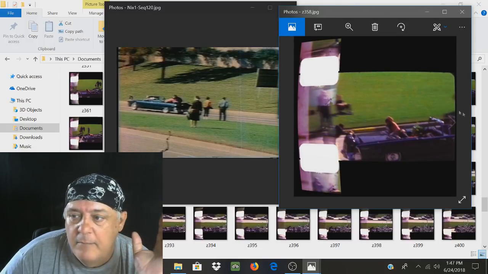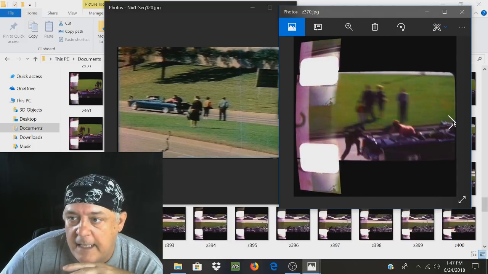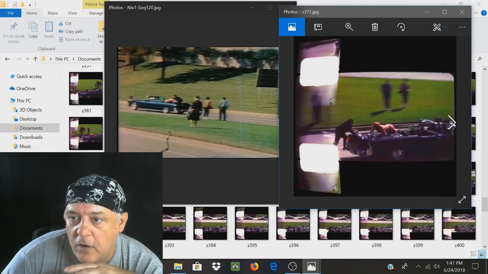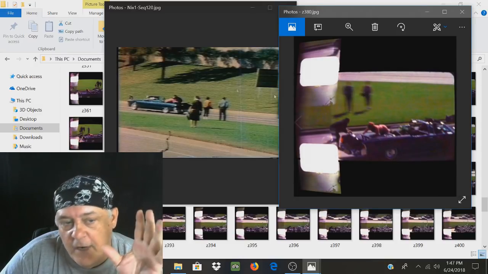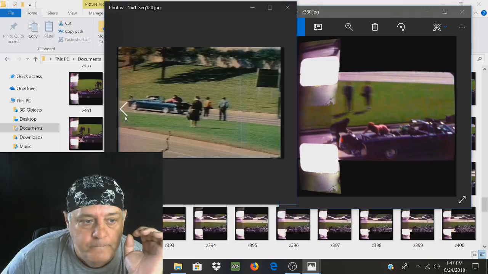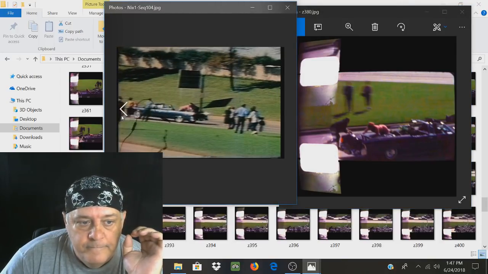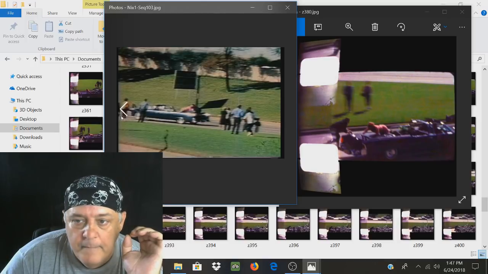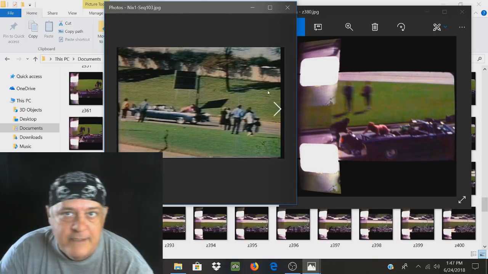So by the time Mr. Zapruder's filming from his location gets to over here, to where we start seeing these people, that's when she's starting to come into frame in the Orville Nix film, as you see right here. You see? So Mr. Zapruder's already passed that section.